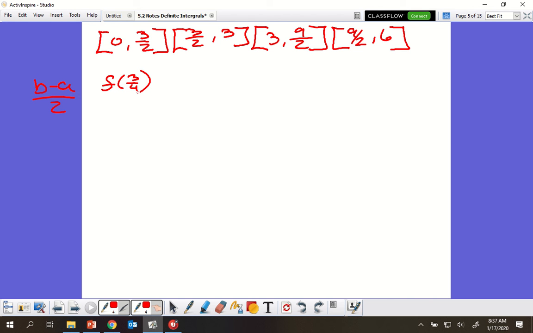It can't be 3 over 4. How do I find the midpoint between those two numbers?